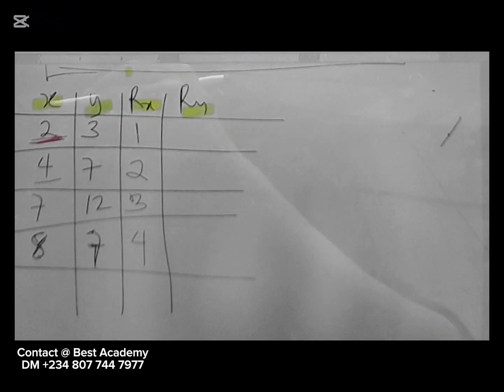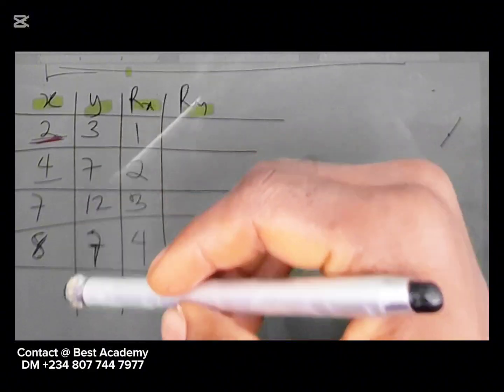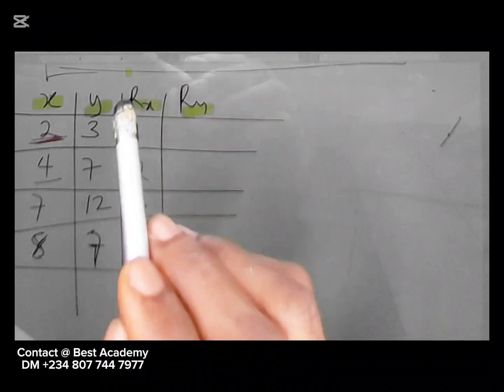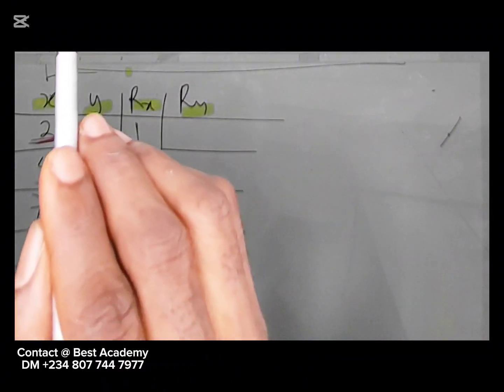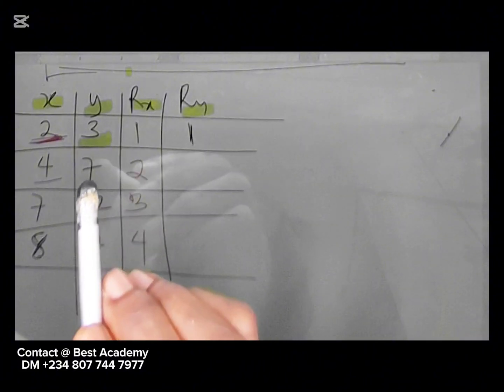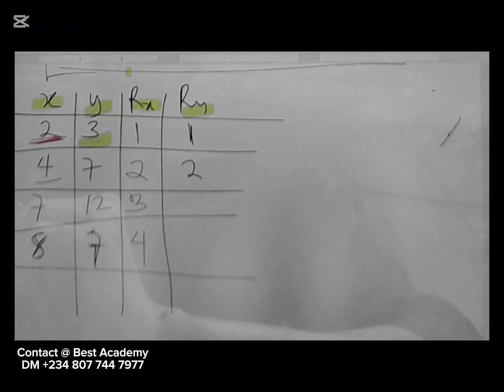So let's rank Y. Ranking Y here, remember I'm using ascending order. That means the smaller one will be first, the next to the smaller one will be second. So this one here, please take note, is going to be first position. This one is second position. Remember, there is a bracket second position.